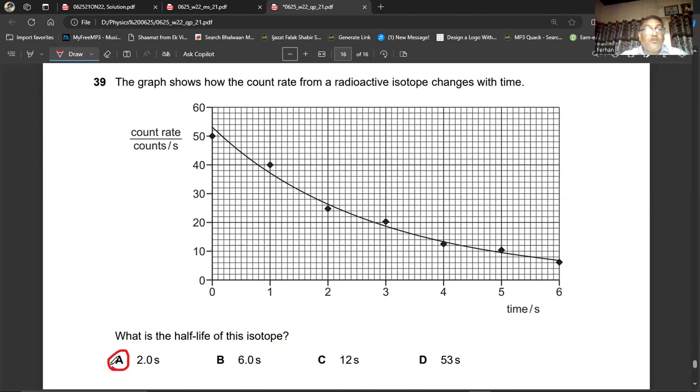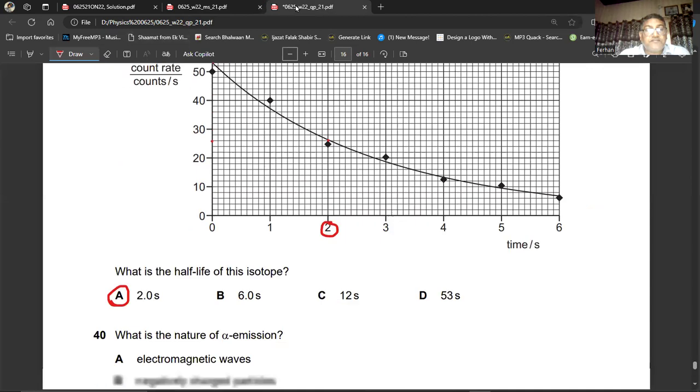I hope you understand. From 53, the reading will drop to 26 something, okay? So the time duration in which this happened, that is the half-life. This happened in 2 seconds, so that's the half-life. A is the option, sir. Question number 39, A is the right option.